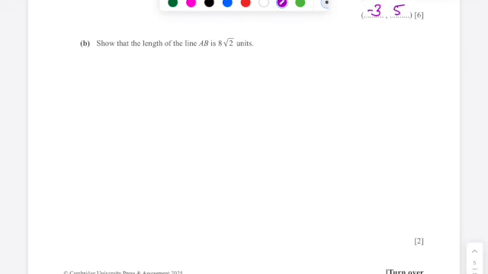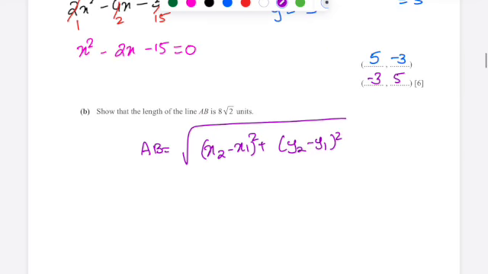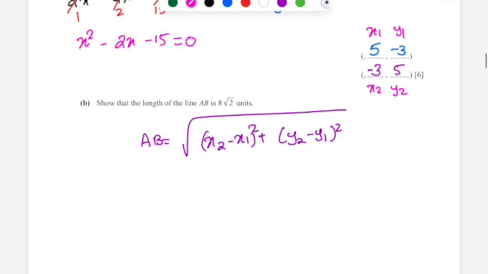Next, show that the length of AB is 8 root 2. So the formula for AB is going to be square root of (x2 minus x1) whole square plus (y2 minus y1) whole square. So this point becomes x1 y1, and this point becomes x2 y2.